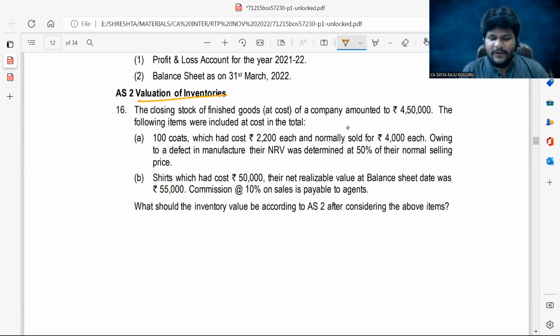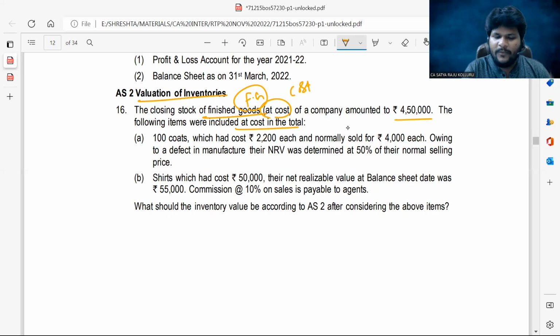All of you please concentrate here. What is the problem all about? The closing stock of finished goods at cost of the company amounted to 4,50,000. The following items were included at cost in the total. The given item was finished goods, FG, which is not raw material and not work in progress. You know the valuation principle of FG?